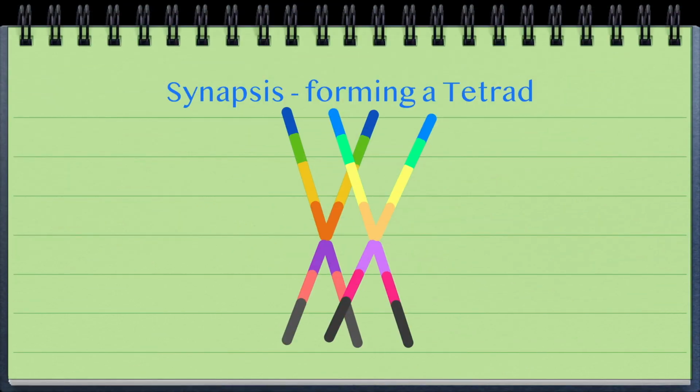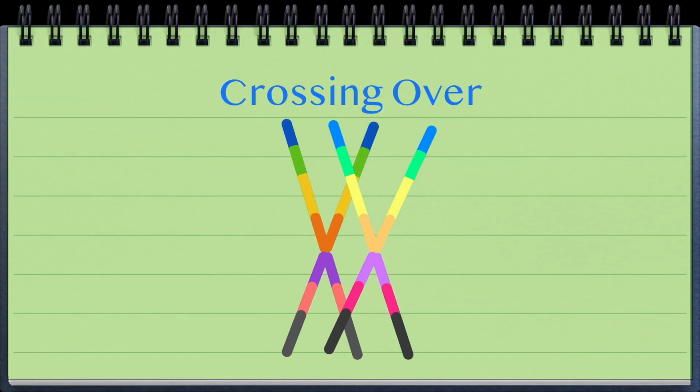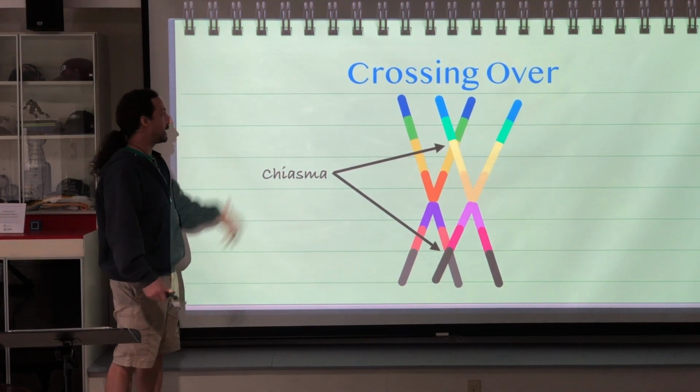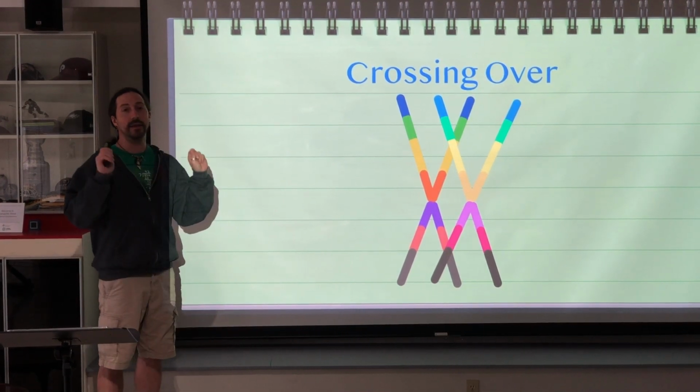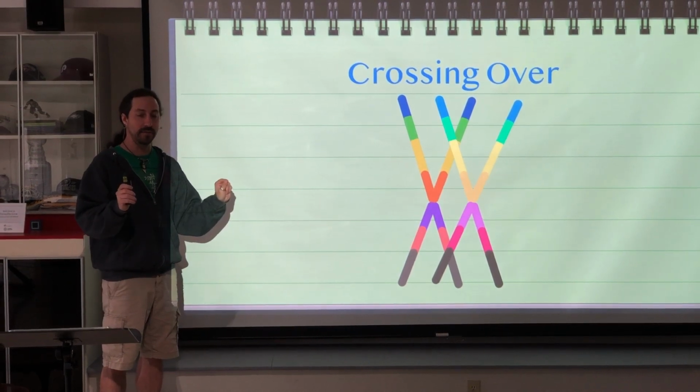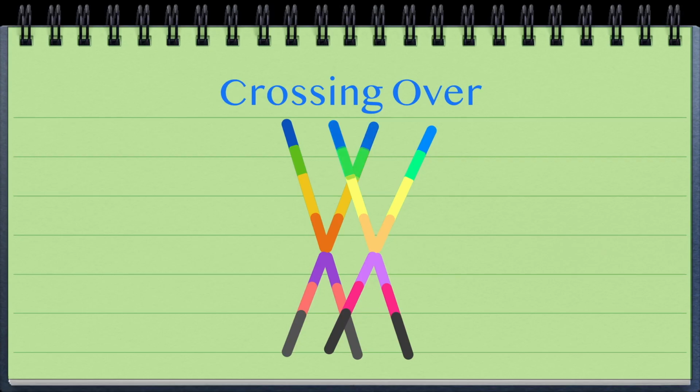So when they do this whole process, they undergo something called synapsis. And synapsis is where they cross over at a spot called the chiasma, and the alleles on the homologous chromosomes swap.